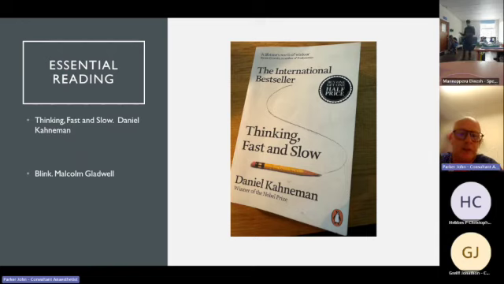It's been around for about 10 years, and it really shows how our thought processes can go wrong, and how vulnerable we are to getting things wrong. A lot of what I'm going to talk about today is drawn from this text, and I've tried to link it to clinical examples.